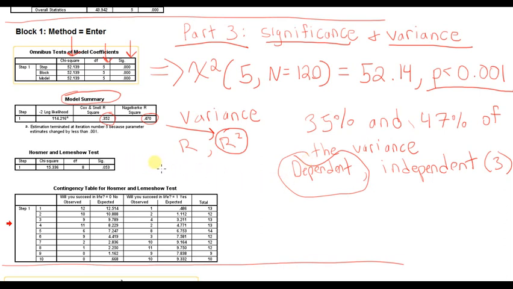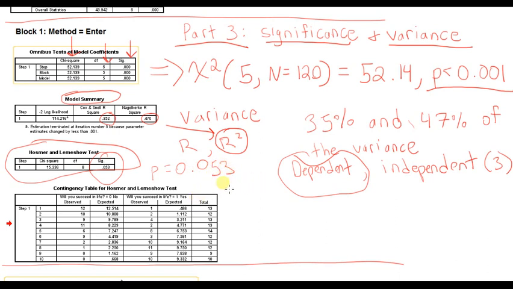The last thing we're going to look at here is the Hosmer and Lemeshow test. You'll probably want to report this test as well. This is a very strict test, and what we're looking for here to support our model is an insignificant value. You can see right here we have p is equal to 0.053.